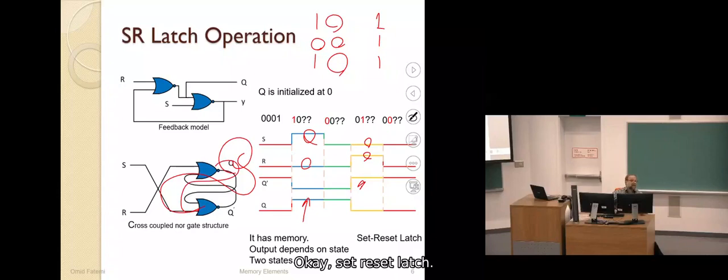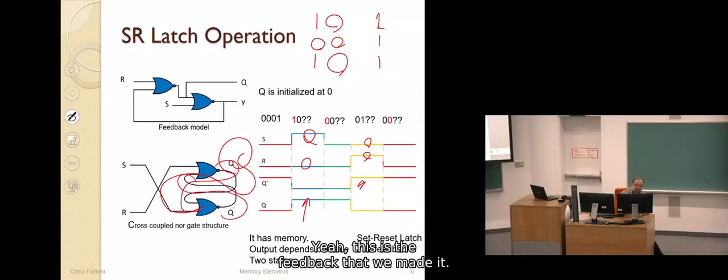Set reset latch. We call it SR latch. It is a latch because it keeps the value, locks it. This is the feedback that we made, and this feedback made it a memory.